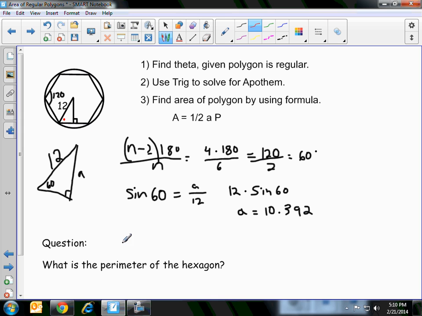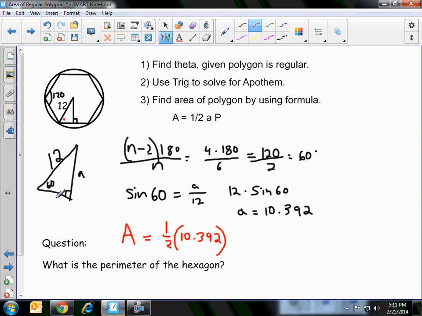Let me change colors here. My area is equal to half my apothem, which is 10.392. And that's going to be multiplied by my perimeter, but I really don't know what that perimeter is.